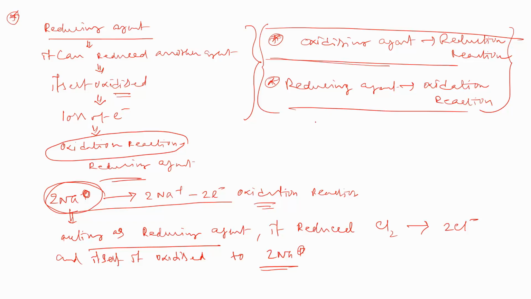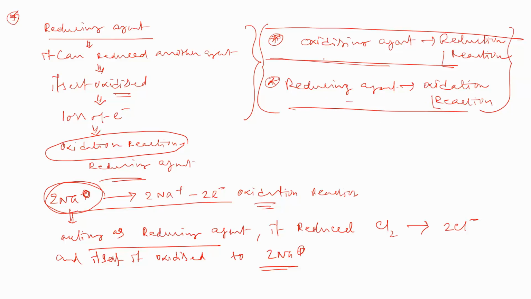Okay, so if I summarize the topic here, the important points for the reduction reaction and the oxidation reaction: just remember the oxidizing agent for the reduction reaction and the reducing agent for the oxidation reaction.